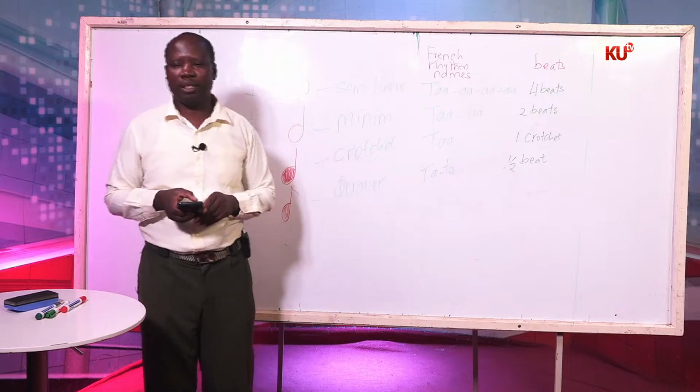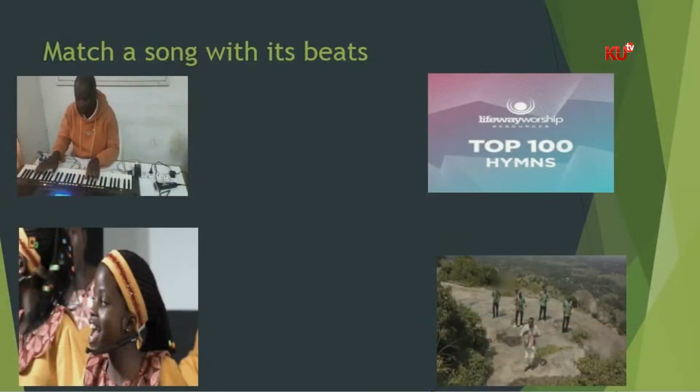Let's listen to those beats of the song number 3. Ta, ta, ta, ta, ta, ta, ta, ta, ta, ta, ta, ta, ta, ta, ta, ta, ta, ta, ta, ta, ta, ta, ta, ta, ta, ta, ta, ta, ta, ta.